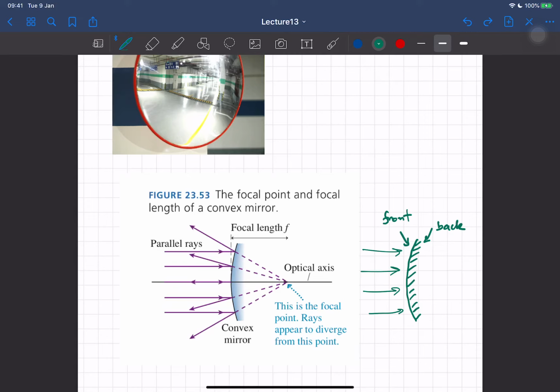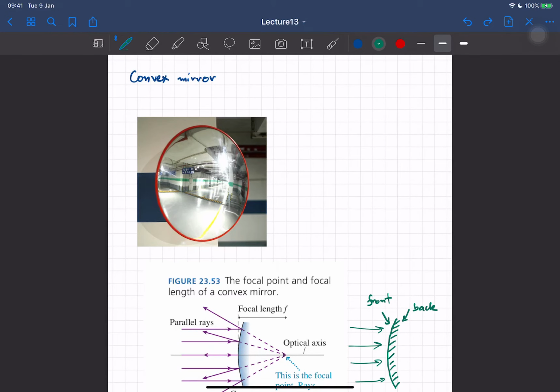You can see that the mirror itself bounces light away from the optical axis, which is the center line like this. So that's why the behavior of the convex mirror, what we have here, is the same as a diverging lens. Okay? So that's the reason. Because the role that it's having is the same, it's going to do the same thing to the light ray.